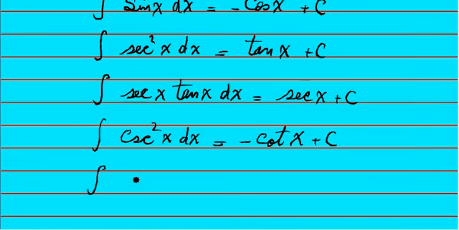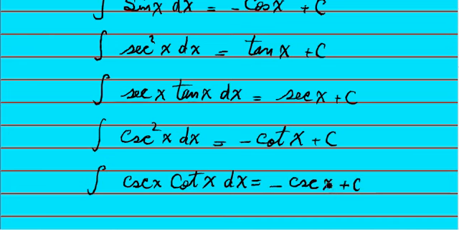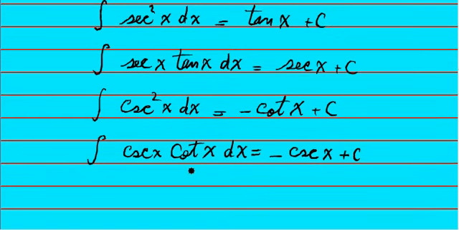If you want cosecant of x cotangent of x dx, antiderivative, again, if you had started with the cosecant, you would have ended up with the negative of this. So you need to start with negative cosecant of x, and then you will have that function back.